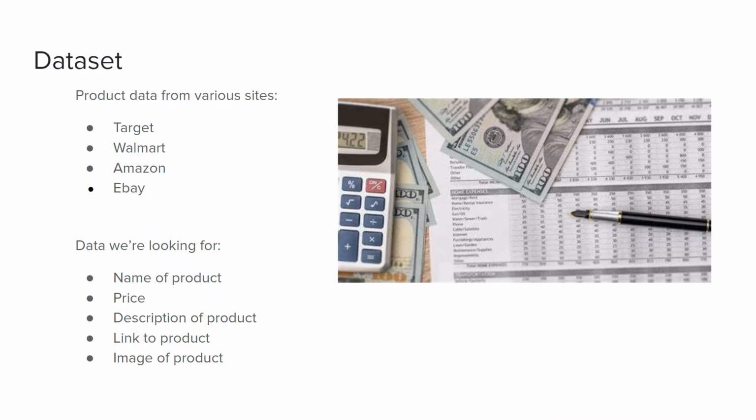In order to better simplify our data and ensure compatibility between the different websites, we chose to only include the necessary product information. That includes basic identifying information like the name, description, and price, as well as other information including the store, the image link, and the product link.